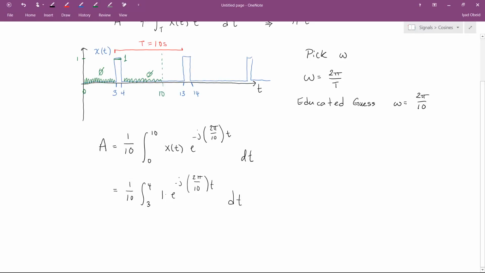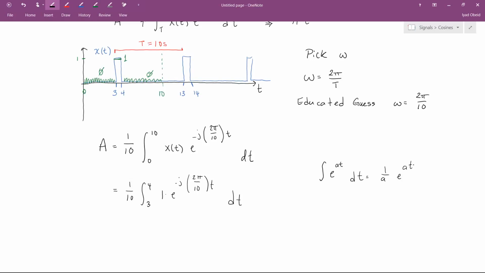And at this point, we would do well to remember that the integral of e to the at is 1 over a e to the at. And you can see now why it's so much easier to work with complex exponentials than cosines. If we had worked with cosines, the first problem is we would have to do one integral to solve for k and a different integral to solve for the phase angle theta.